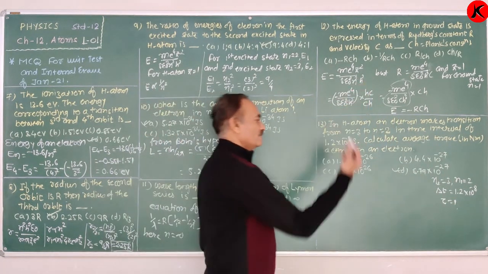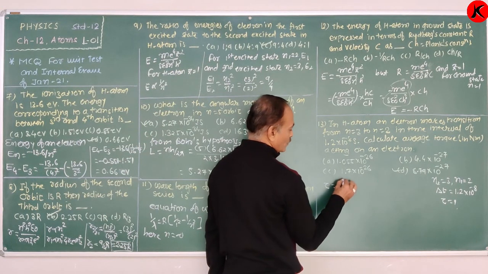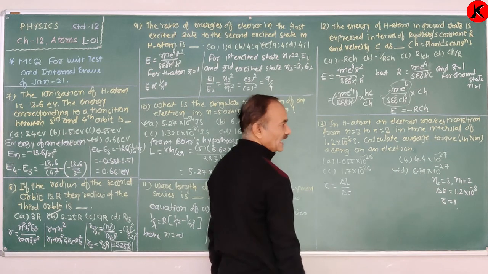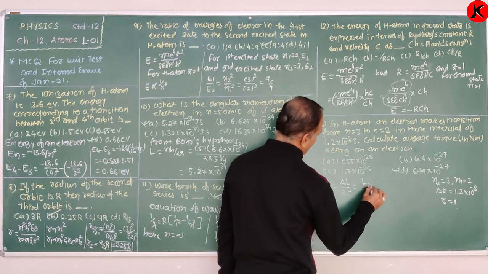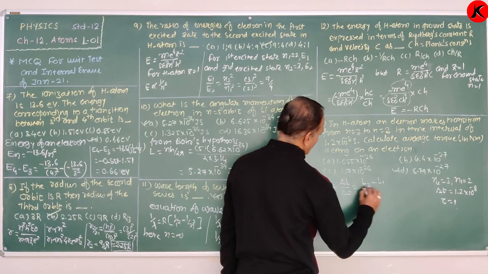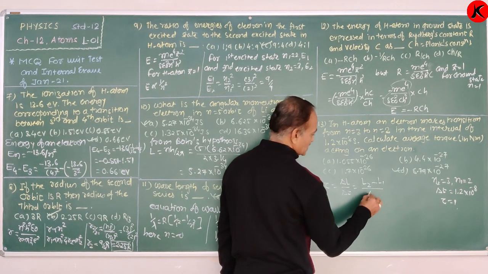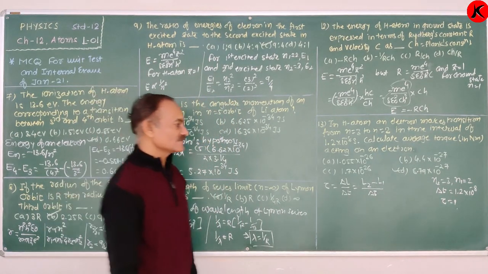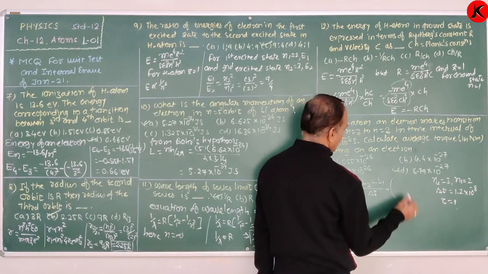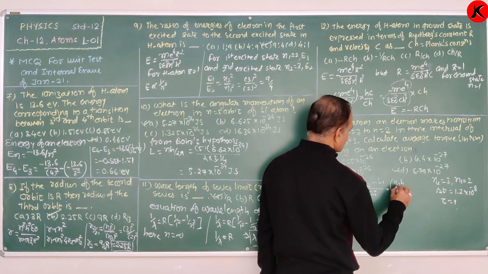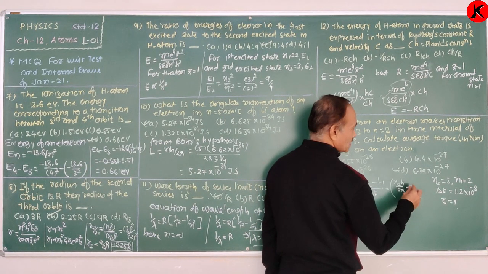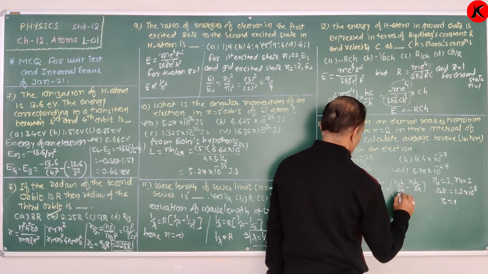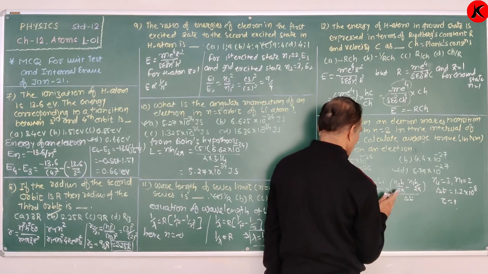In rotational motion, we learned that tau is equal to the change in angular momentum with respect to time, delta L upon delta t, which is final angular momentum minus initial upon the time interval. From Bohr's hypothesis, we know the angular momentum, n2 h upon 2 pi minus n1 h upon 2 pi, upon delta t.